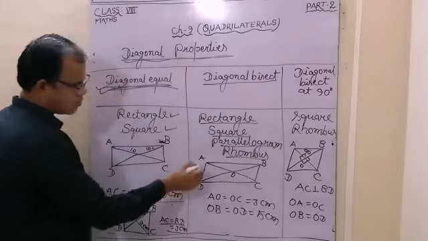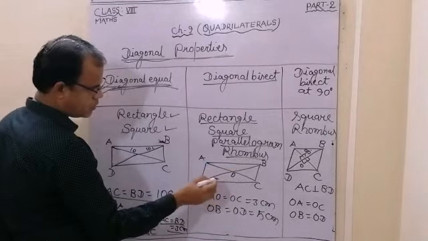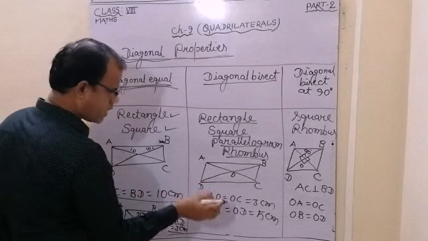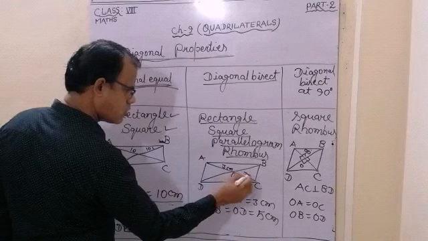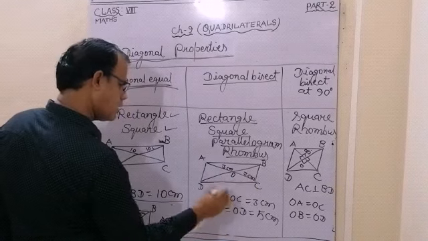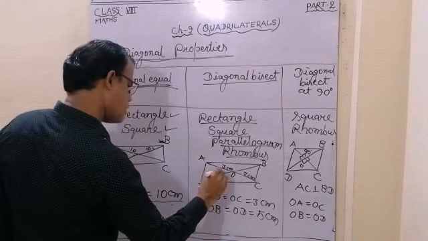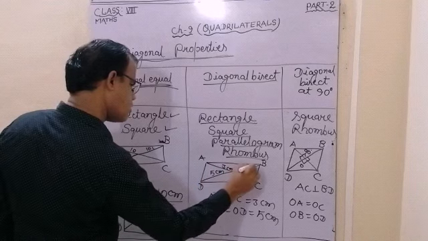So suppose ABCD is a parallelogram. Here you can see its diagonals. Suppose this is AO 3 centimeters, then OC is also 3 centimeters, and this OD is 5 centimeters, then this is also 5 centimeters.